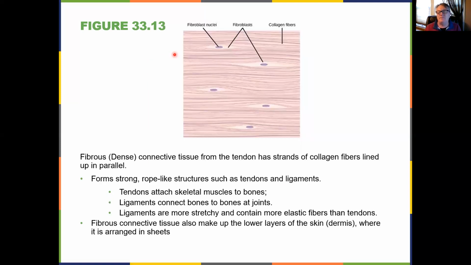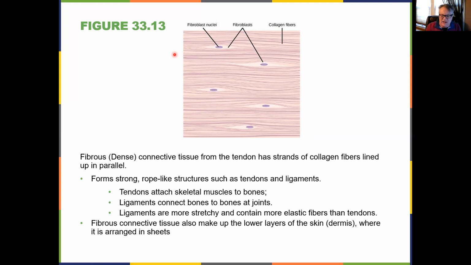The other type is called dense connective tissue. Fibrous is another word for that. And these have a much higher percentage of collagen in general, but they also have elastin fibers, just like the loose, but it's going to be leaning towards collagen.